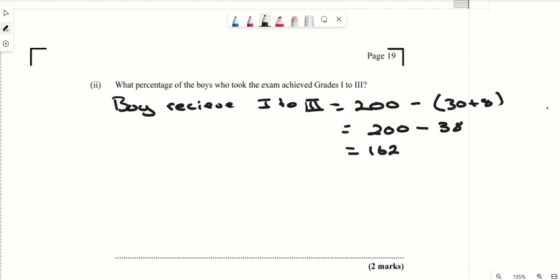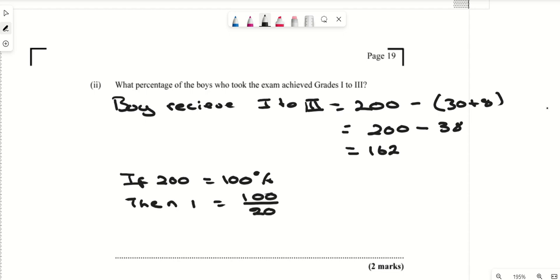And then they ask you for percent. Now we know for percentage, it's always 100. So we're talking about boys, and we know that the total for boys is 200. So if 200 is equal to 100%, then 1 is equal to 100 divided by 200.